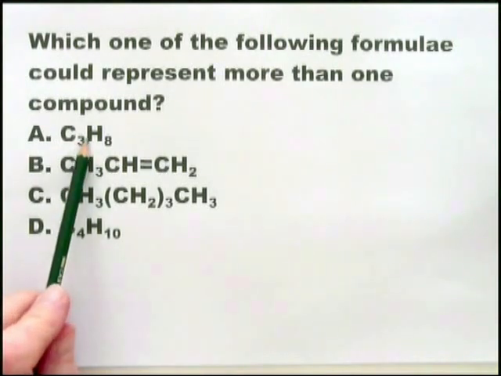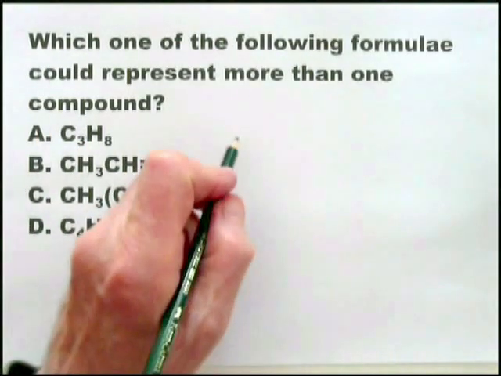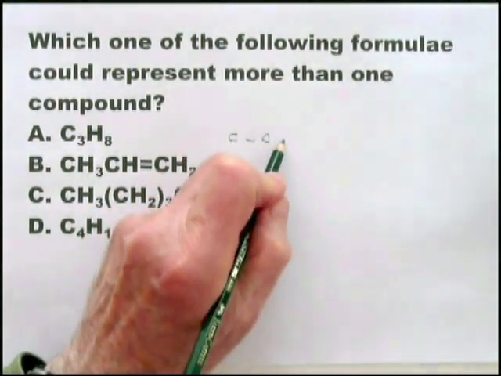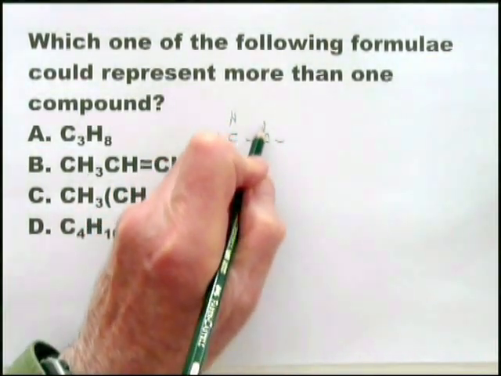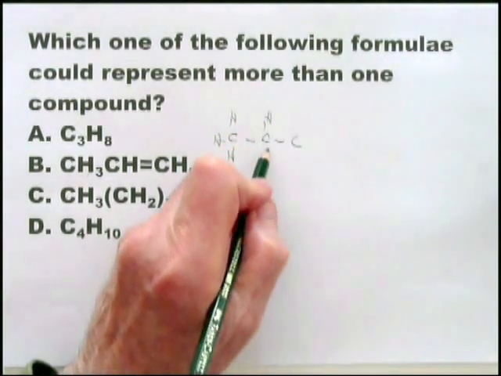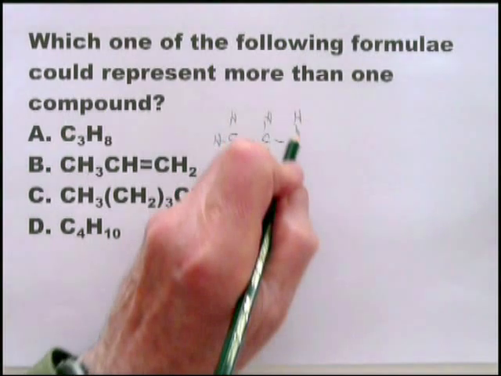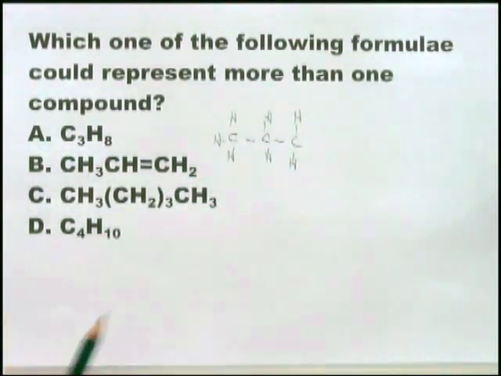There is only one possible chemical that fits that, one possible structure that fits that, because it has this kind of molecular formula, molecular structure, displayed structure.